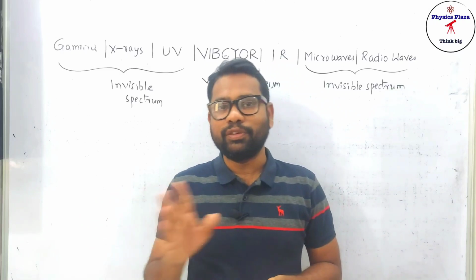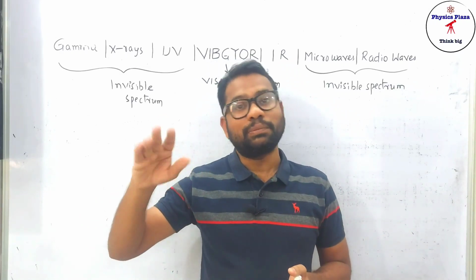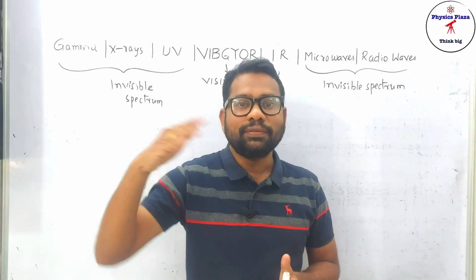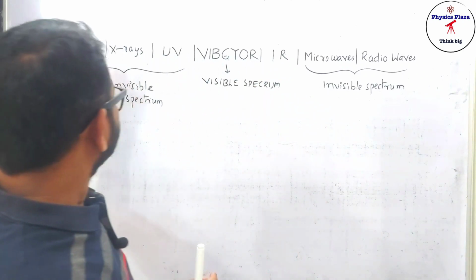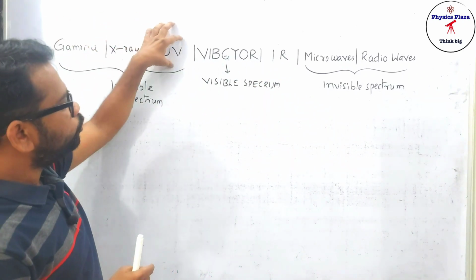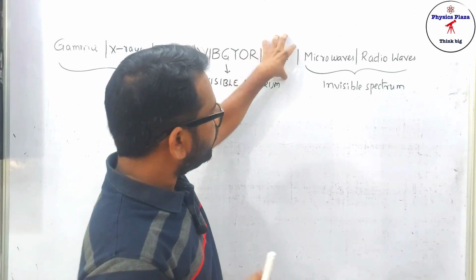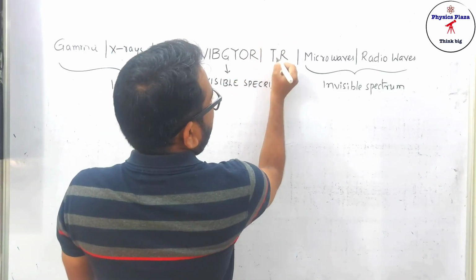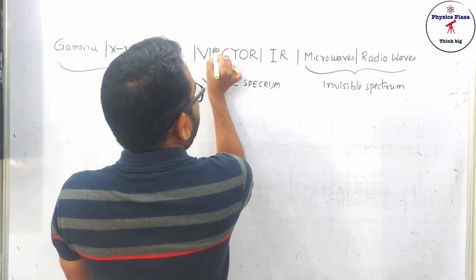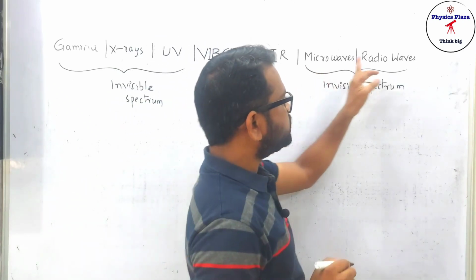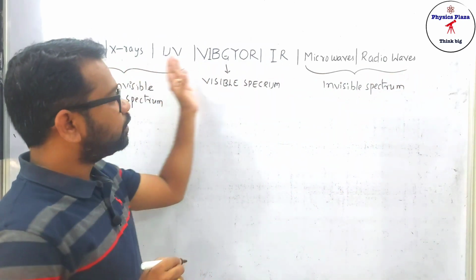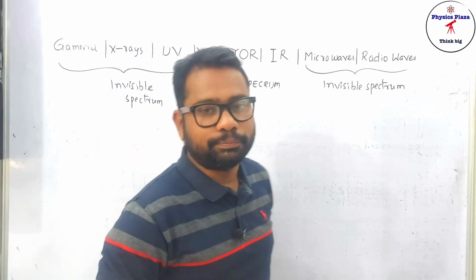But from the examination point of view, we should not worry about these things. In the future it might exist, we discover, that is the future. So till date gamma rays, X-rays, UV, VIBGYOR, infrared, microwaves, radio waves: this entire thing we can call the electromagnetic spectrum.